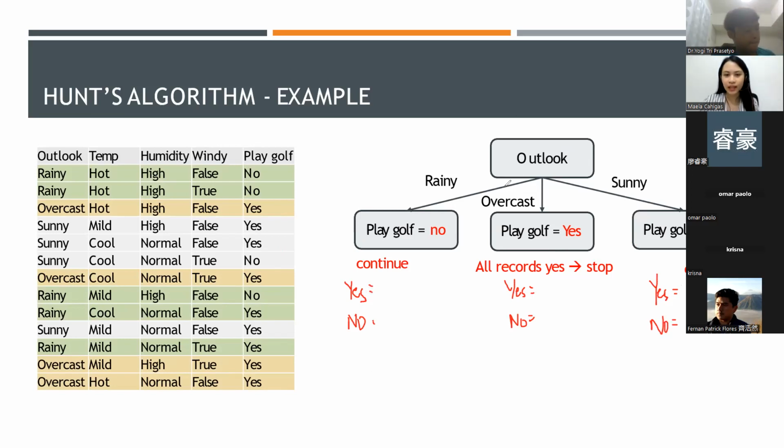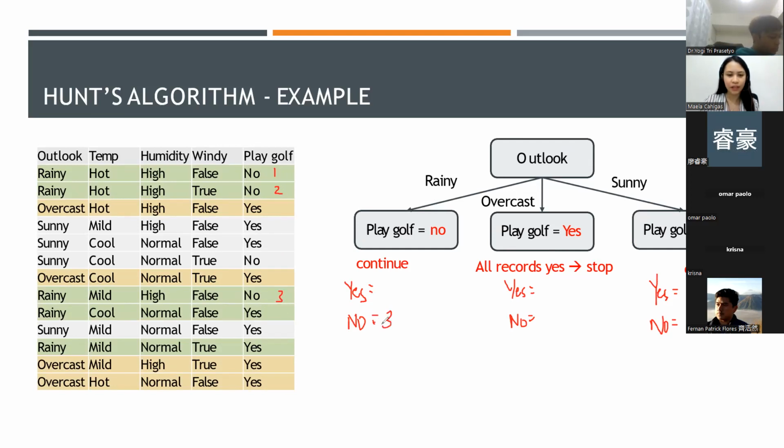So let's say rainy. We'll just have to find how many counts we have for rainy. Rainy for no, we have one, two, three, so we only have three.